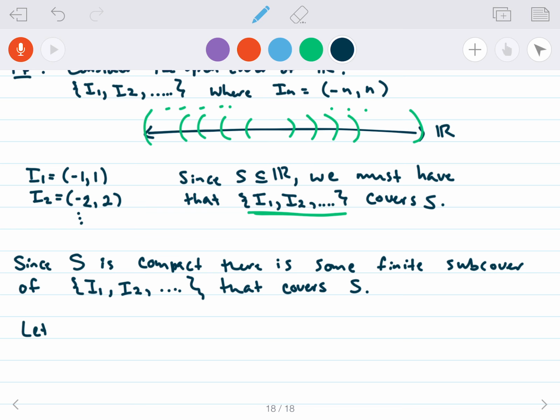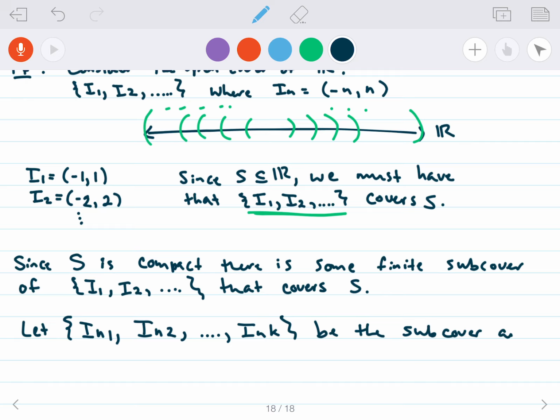So we can say let I_{n1}, I_{n2}, ..., I_{nk} be the subcover, and we'll say that n1 is less than n2 less than nk.